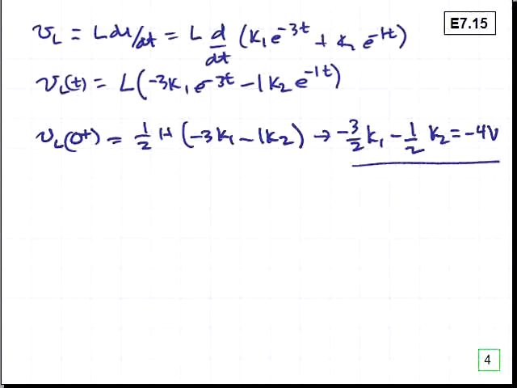So this is our second equation in the K1 and K2 coefficients.